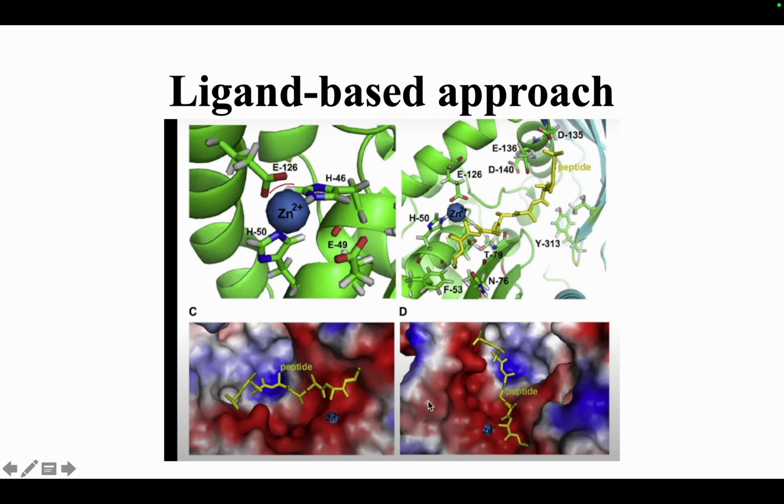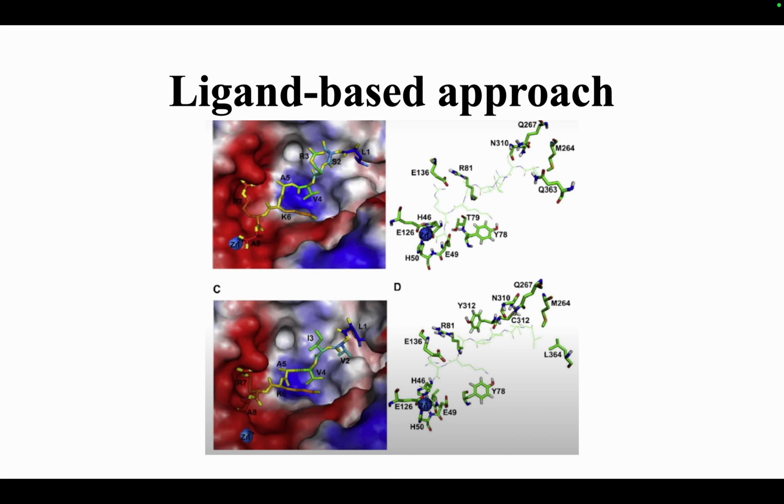So we can design this ligand so that it snugly interacts with the surrounding molecules. This inhibitor will then fit in and will not allow the substrate to bind. This is the main idea behind this approach.